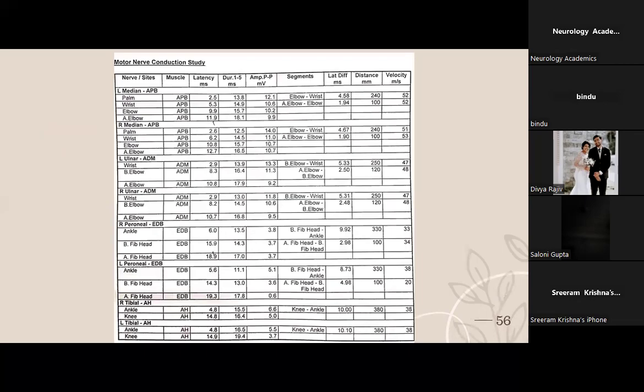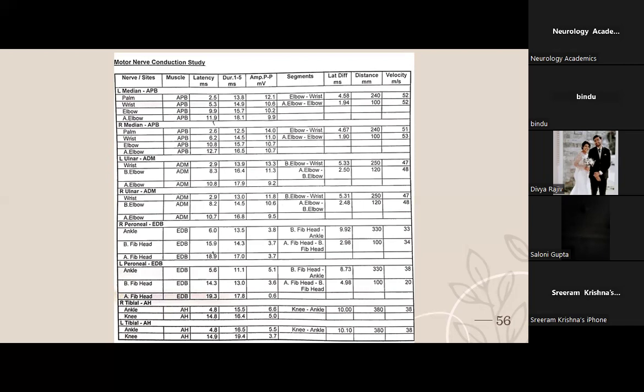Now the nerve conduction: the left median motor conduction shows normal latency, normal amplitude, and velocity. Right median is normal. Left ulnar is normal. Right ulnar is normal.